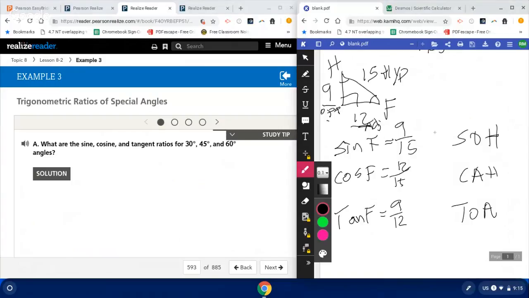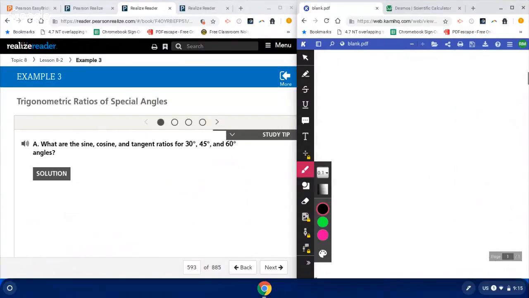Then they want us to talk about the special triangles we've dealt with, our 30, 45, 60. We should know some rules about our 30, 60, 90 triangle.